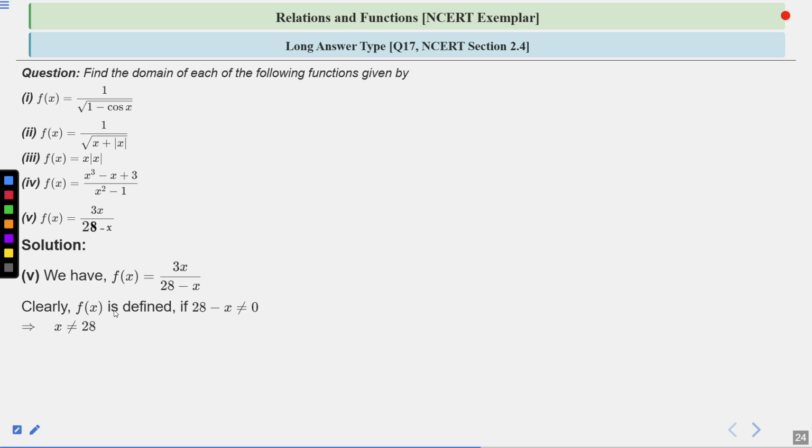So what we want is x cannot be 1 by 2. So the domain is simply all real numbers except 1 by 2. Simple. Except 1 by 2. Moving to next.